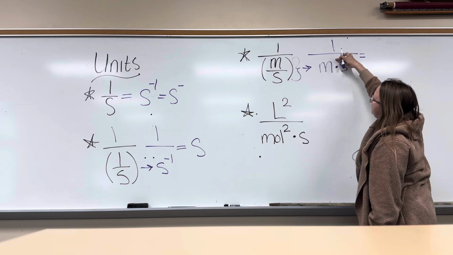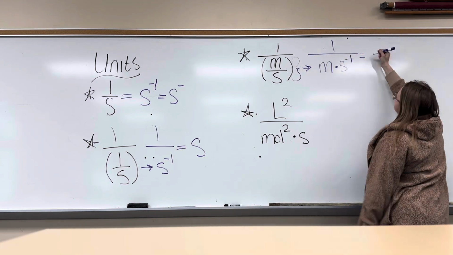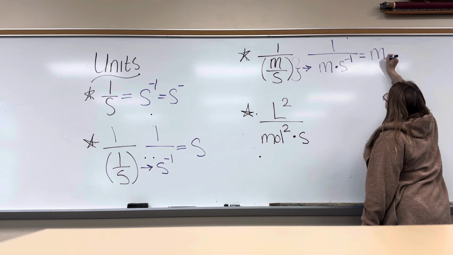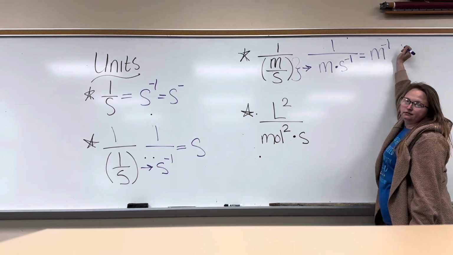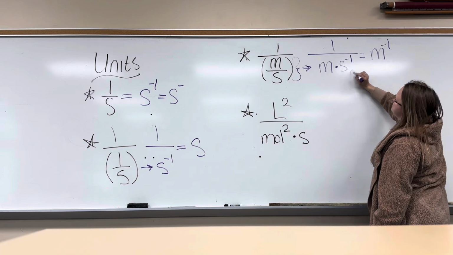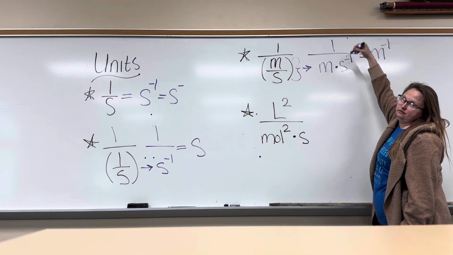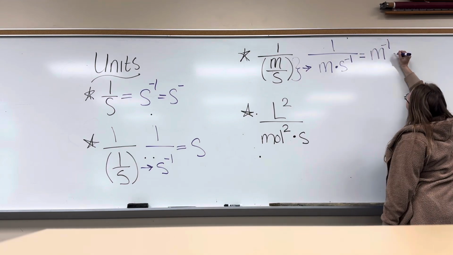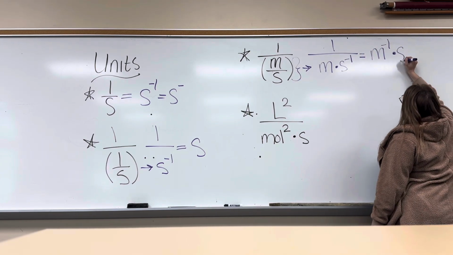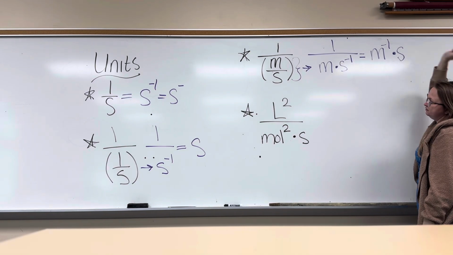So when we take that positive 1 power up to the top, it's gonna turn it into a negative. So that meters is gonna be meters to the negative 1, okay? The opposite is true with the seconds. Seconds to the negative 1, that negative is gonna turn to a positive when you put it up top. Okay, and that's an understood positive 1.